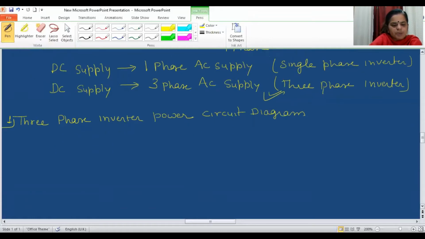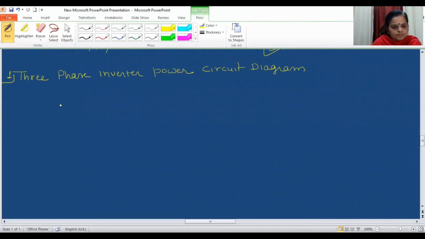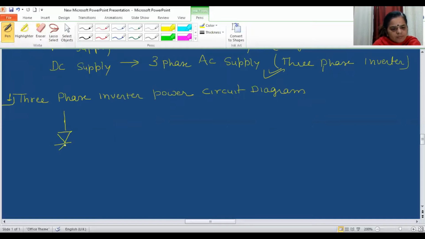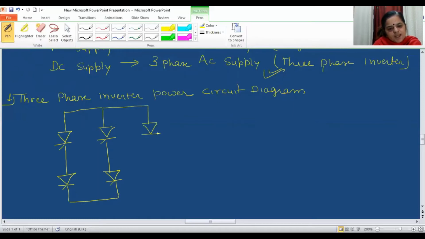Now let's make the power circuit diagram. The power circuit diagram is made up of 6 SCRs and 6 diodes. Out of the 6 SCRs, 2 SCRs are connected in a single leg, back to back. This is how the 6 SCRs are connected. This is T1, this is T4, this is T3, T5, T6 and T2.